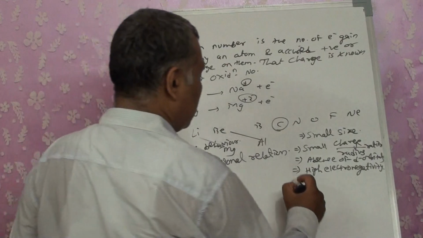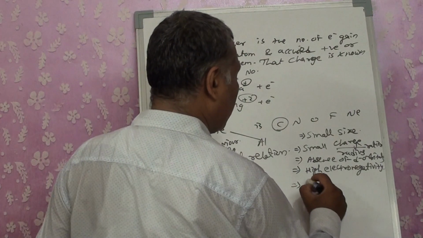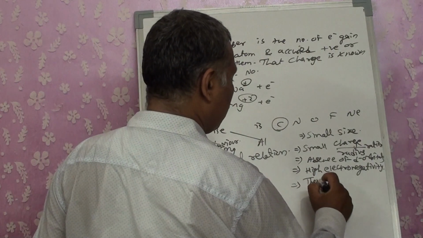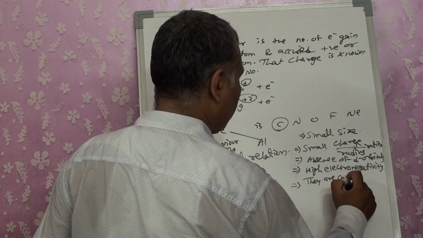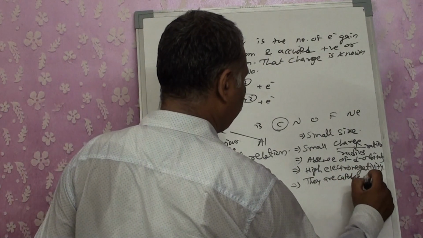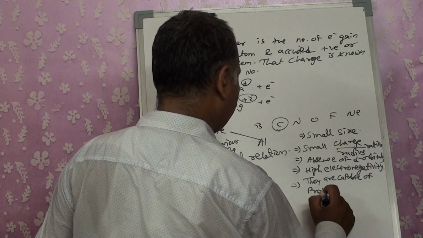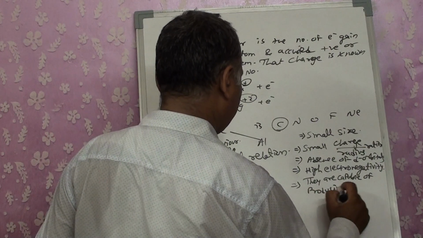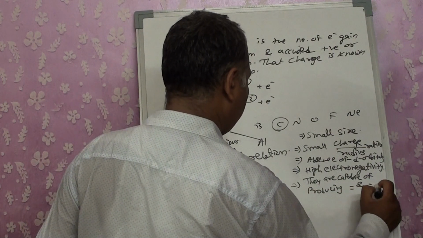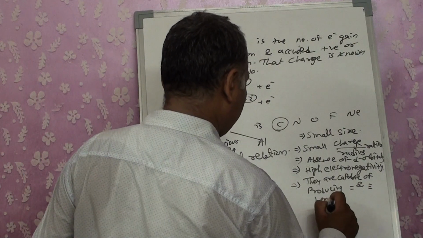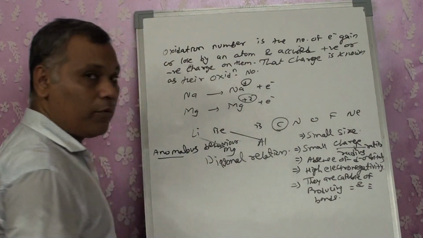Another one is they are capable of producing more than one bond, double and triple bonds.